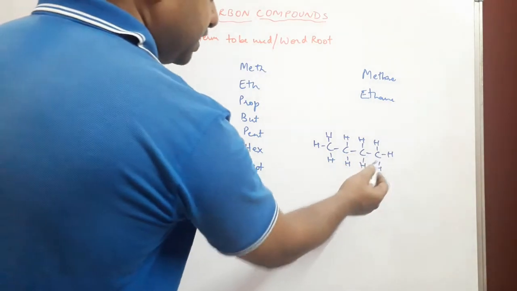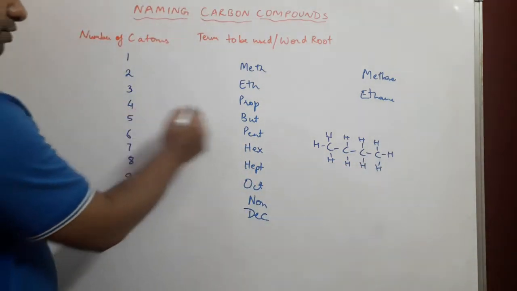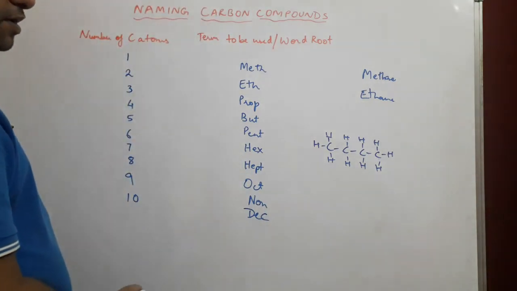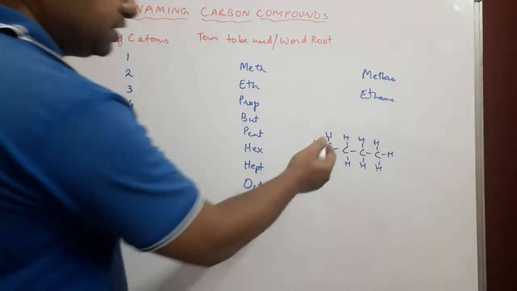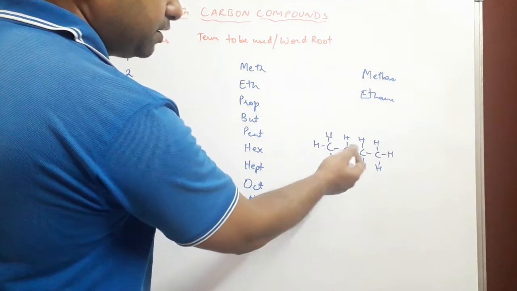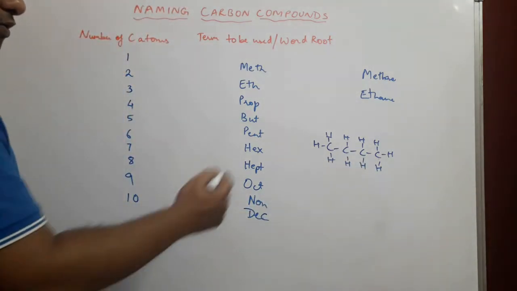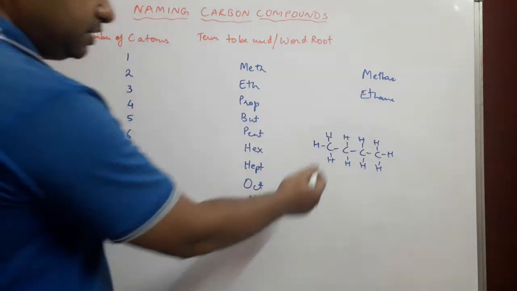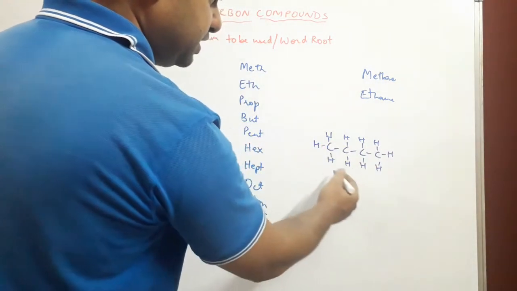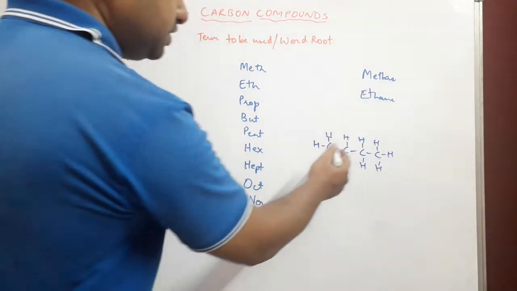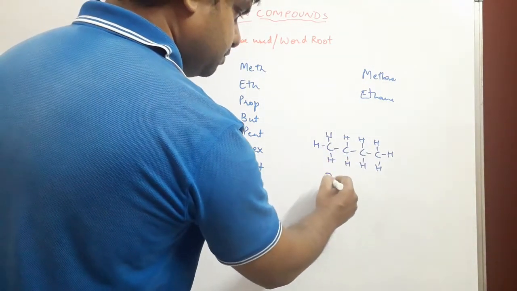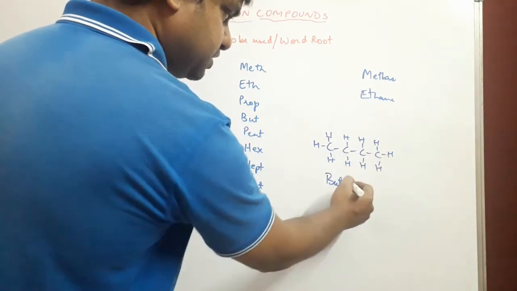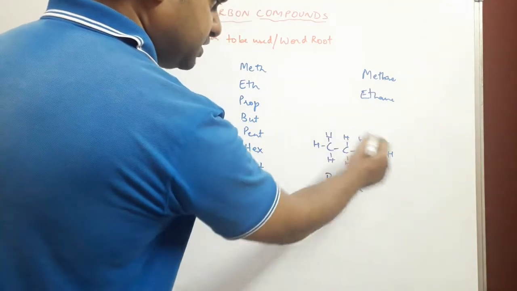If there are 4 carbon atoms, what do we use? But. Next we look at whether they are straight chain, double bonded, triple bonded. Those are the functional groups, and we will come to that after this. In this case, the bonds are all single, so we just write but because there are 4 carbon atoms, and ane because of the single bonds.